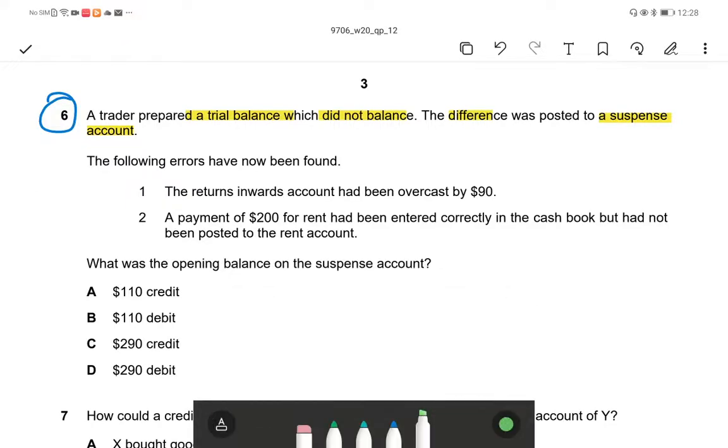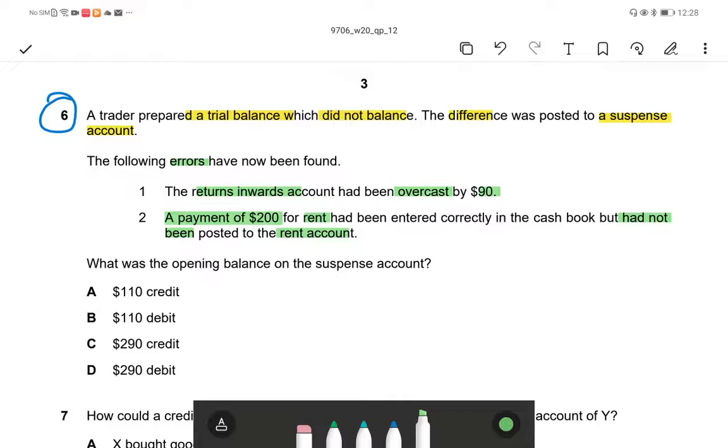The following errors have now been found: return inwards account was overcast by 90, and a payment of 200 rent had not been posted to the rent account, but cash is done.